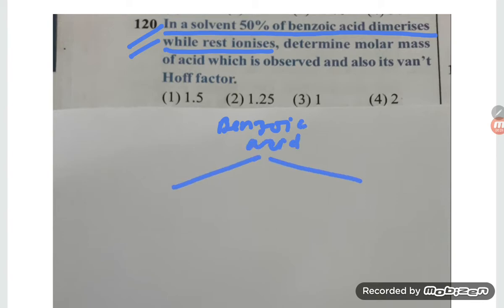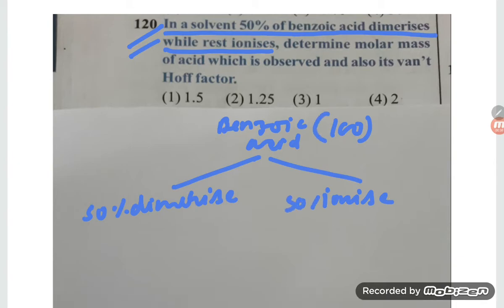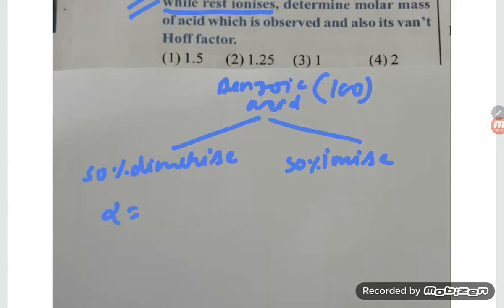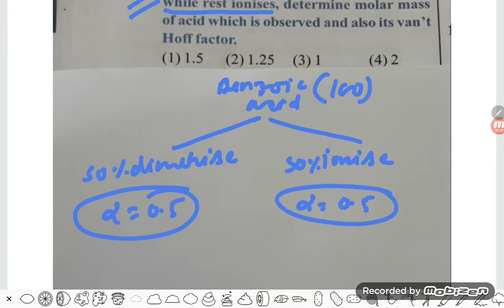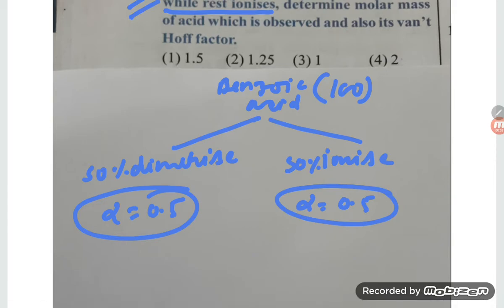It dimerizes, you know how much? 50%, and that is ionized. So if 100 is there, the remaining is 50%, ionized also 50%. So alpha is equal to 0.5 for dimerization and alpha is equal to 0.5 for ionization, right? Now student, these two pieces of information we got.